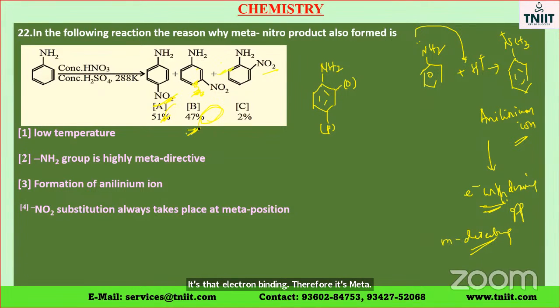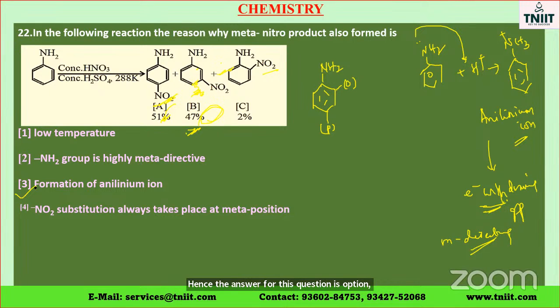So in this reaction, aniline reacts with acid forming the anilinium ion, an electron withdrawing group. Because of the positive character, it shows a minus I effect. Hence, it directs the reaction to the meta position. Hence, the answer for this question is option 3, formation of anilinium ion.